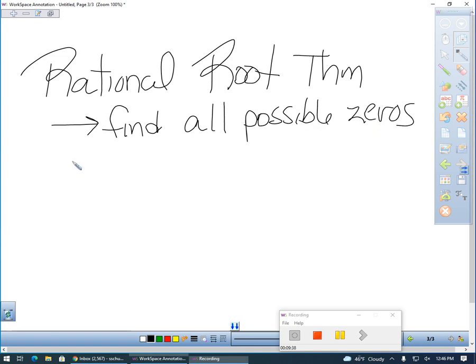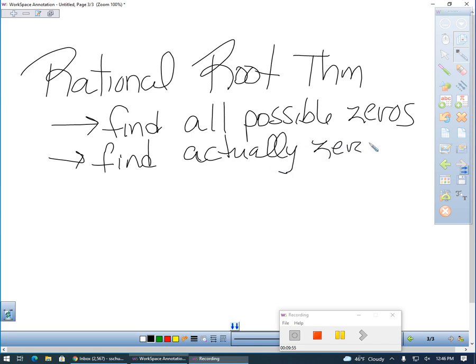Then from your all possible zeros, you find actual zeros from that list. And we actually use those in order to start dividing to find the other stuff. You guys recall that?